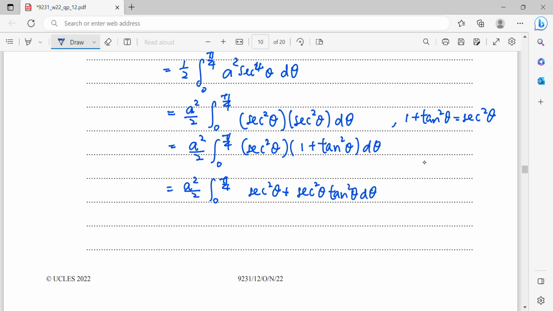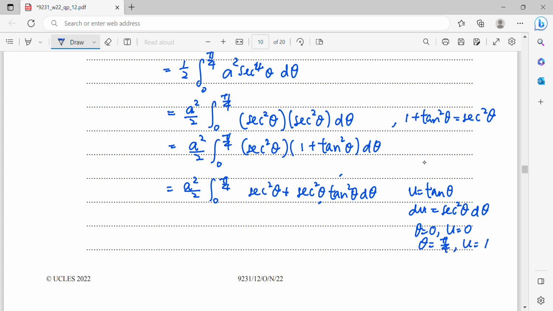Okay, so for the second integration, we are going to use substitution. Let u equals tangent theta, du equals sec squared theta d theta. And now, when you use substitution, you need to get the new limits. So when theta equals 0, your u is 0. When theta equals pi over 4, your u will be 1.